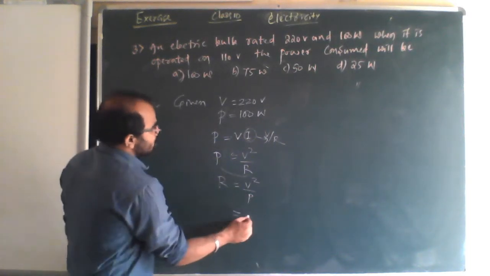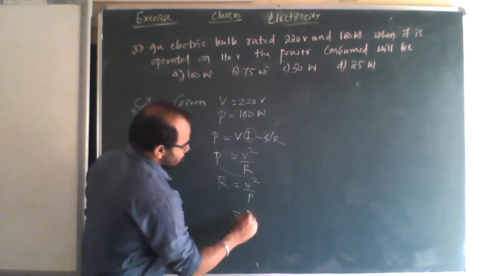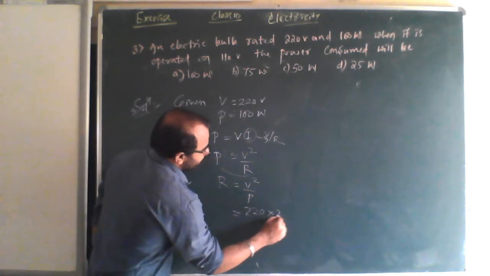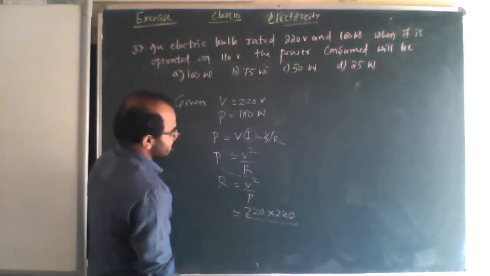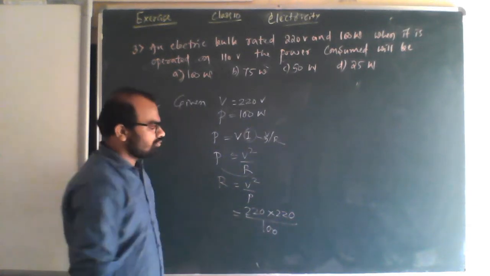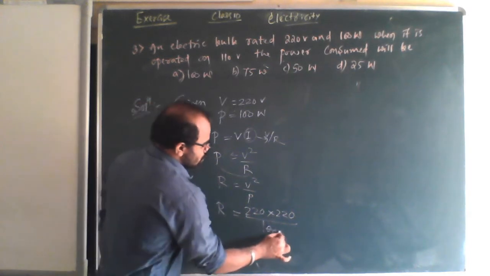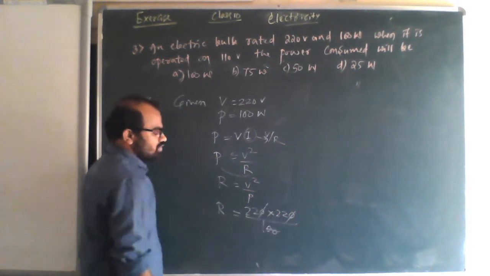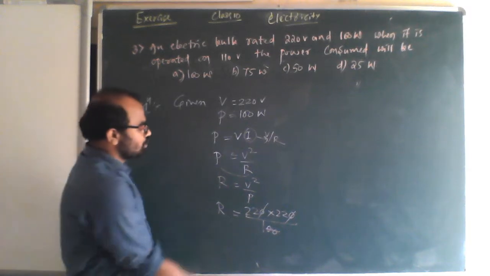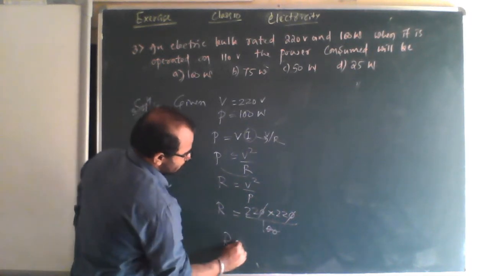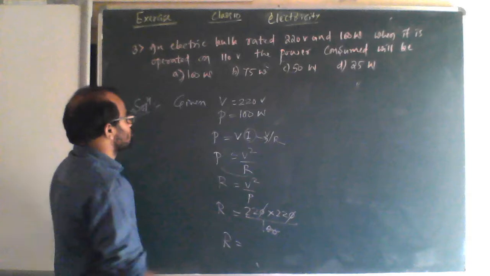So what is my V square here? 220 into 220. P is 100, isn't it? So how much R do I get? These two zeros go and these two 10s go. So 22 into 22, 22 square.